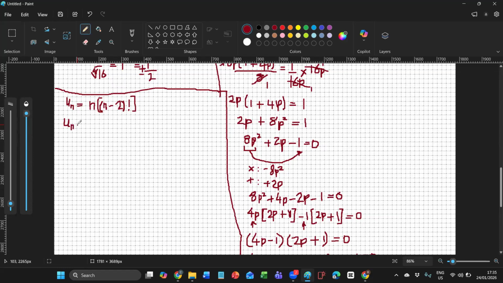That U_n will be equal to n into bracket n minus 2.